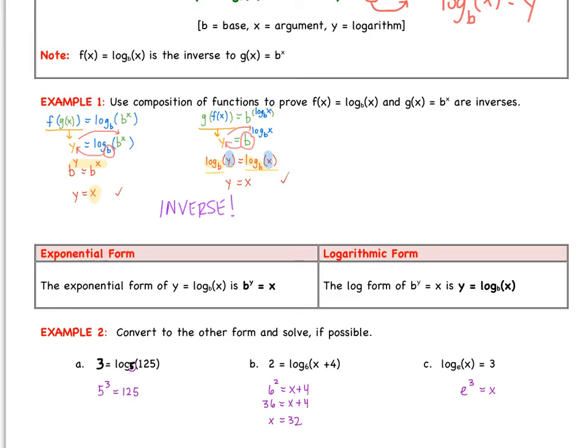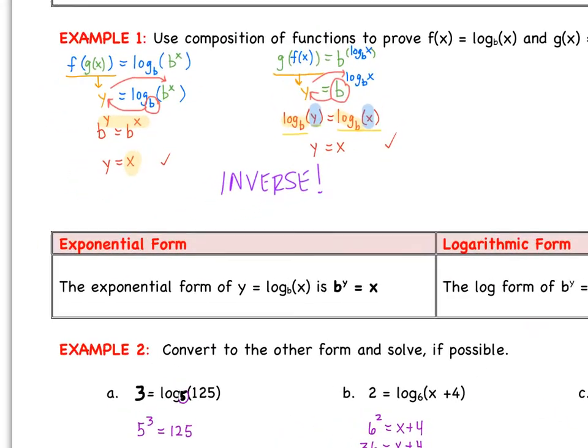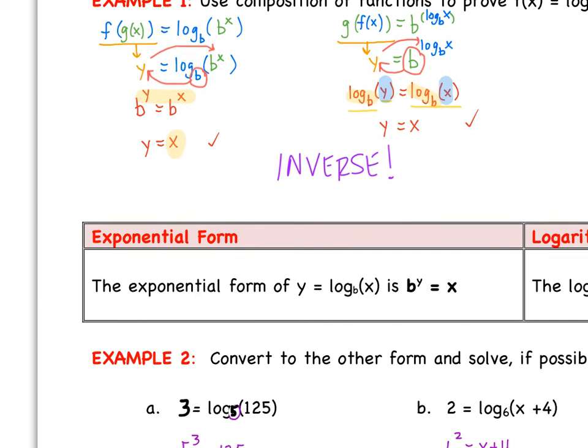Now we're going to just get some practice going from exponential form to log form. So remember, with exponential form to log form, again, we start with our base. So if y equals log base b of x, we're going to convert that to exponential. So I start with my base, we raise it to the other side, which is y, and we set it equal to the argument. So that's where we get our exponential form.